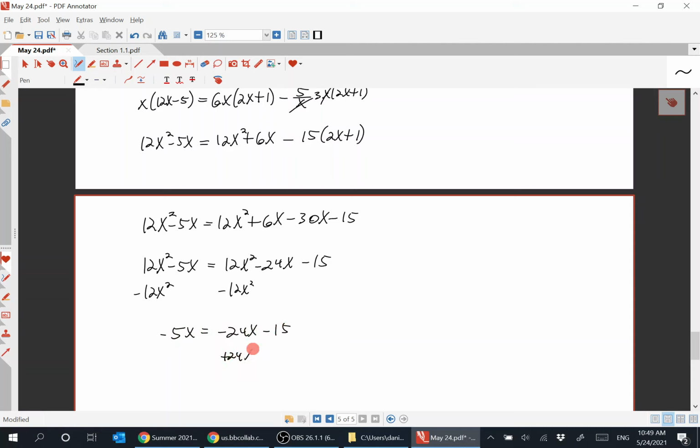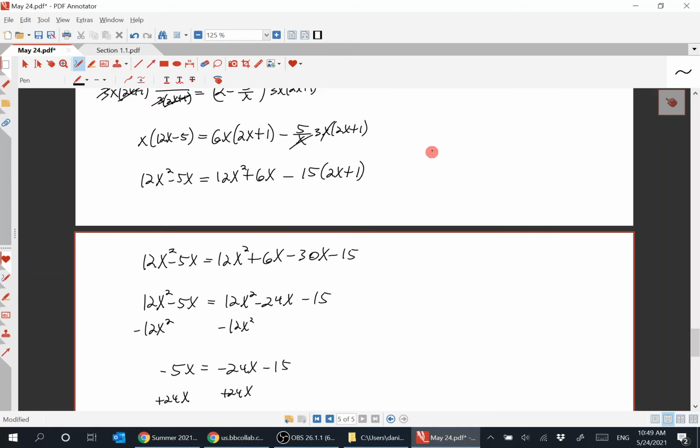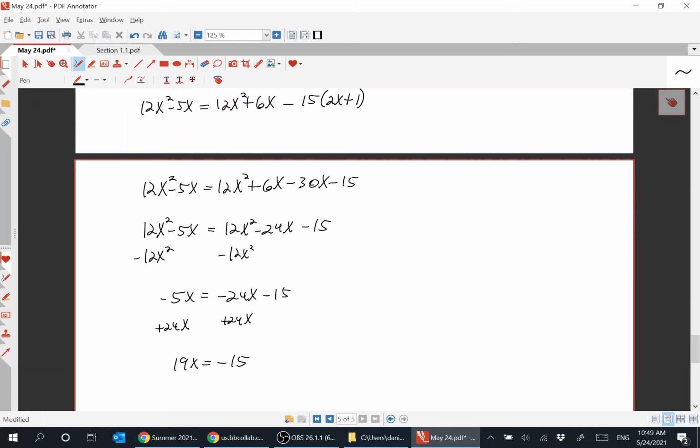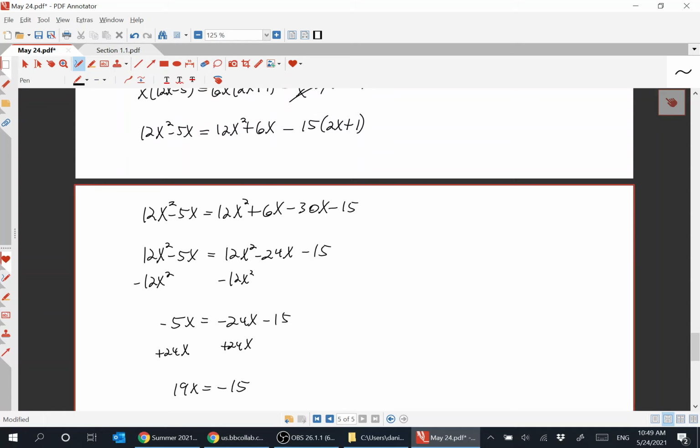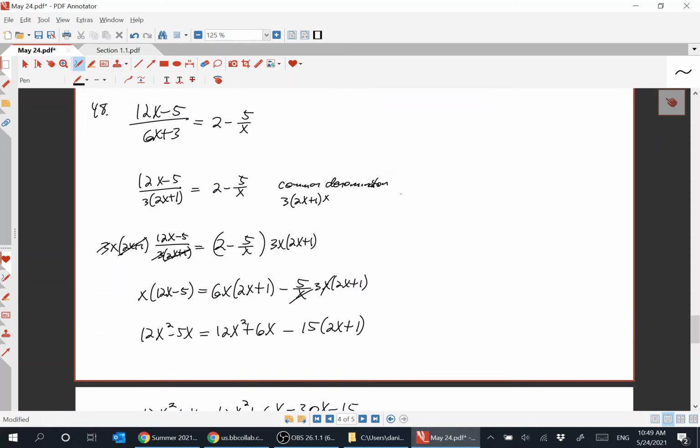Add 24x to each side, and I get 19x is equal to minus 15. I don't think that's right. 12x minus 5.